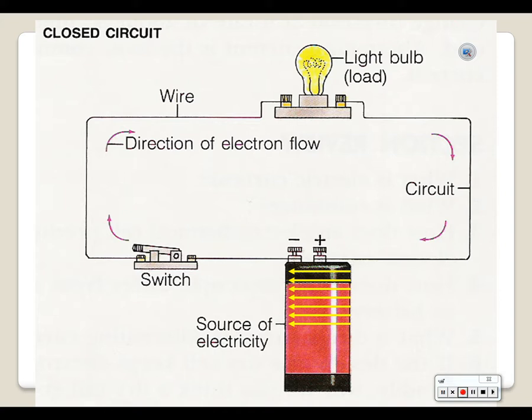It is the result of a chemical reaction that is occurring inside of that battery that creates an electric field. You will not be responsible for that chemical reaction or how it happens. That's electrochemistry. We're not there yet. But just know that there is an electric field inside of that battery.